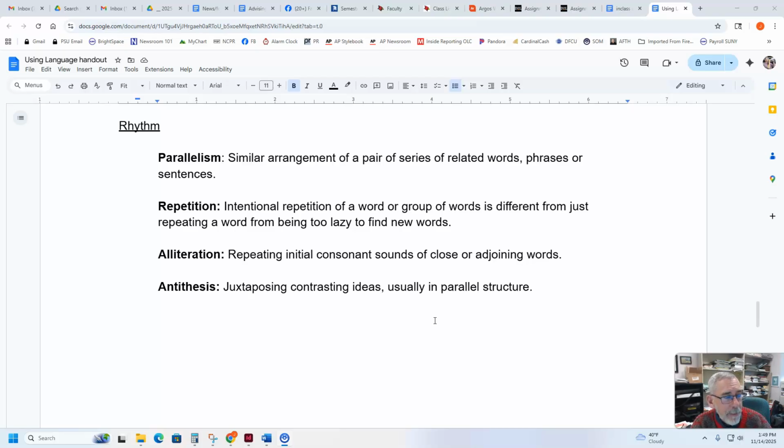And then antithesis is juxtaposing contrasting ideas, usually in parallel structure. So the opening of Charles Dickens' famous A Tale of Two Cities would be, it was the best of times, it was the worst of times. It was the age of wisdom, it was the age of foolishness. It was the epoch of belief, it was the epoch of incredulity. It was the season of light, it was the season of darkness.